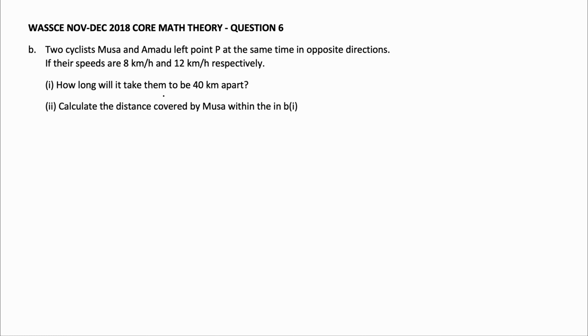Calculate the distance covered by Musa within the time in (i). So there's supposed to be a time here, within the time in (i). So let's begin with our solution. So we have Musa here and we have Amadou here.